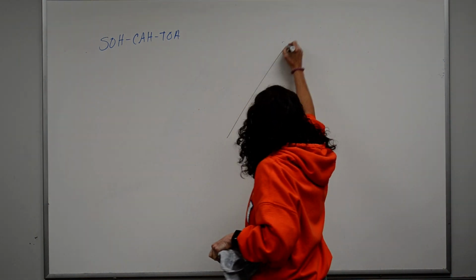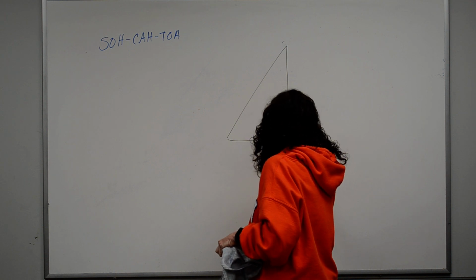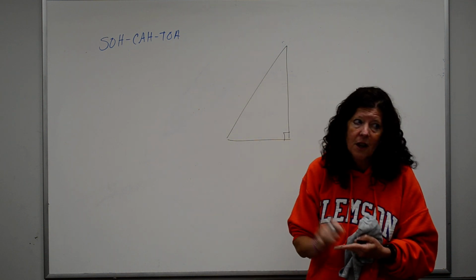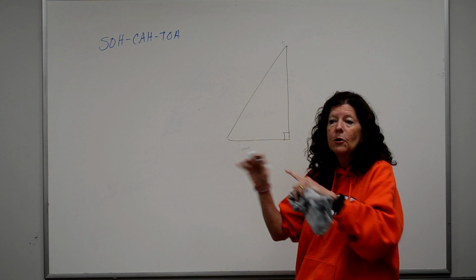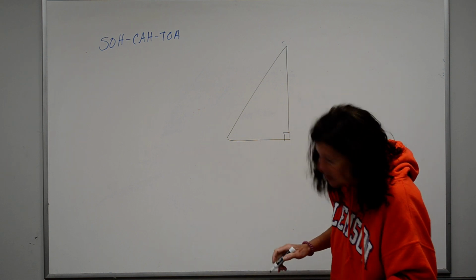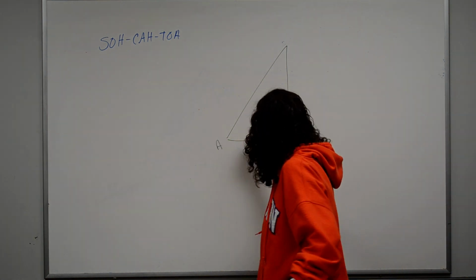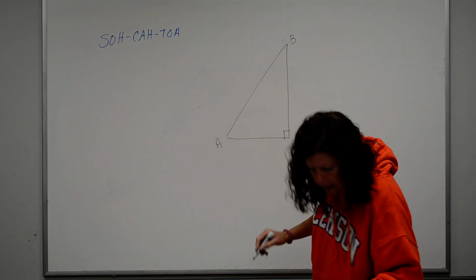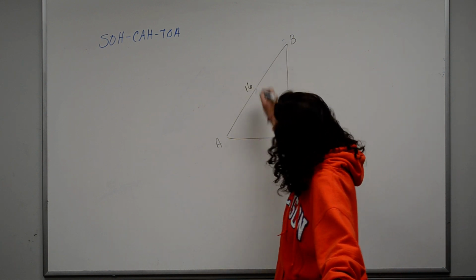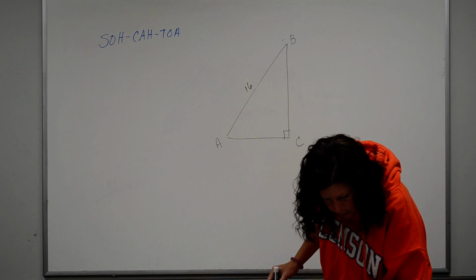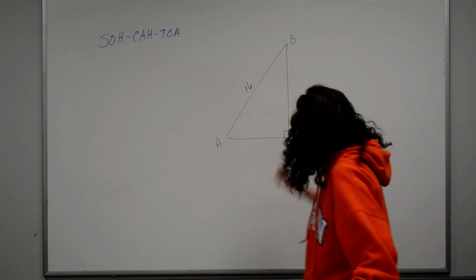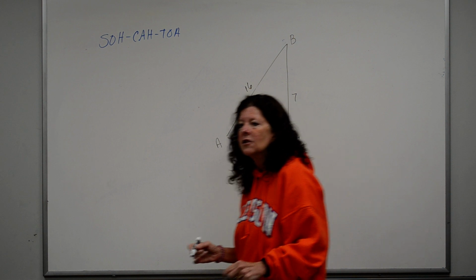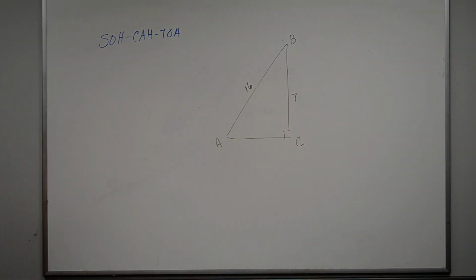Let's say, now again, these are still right triangles, so you're not using law of sines and law of cosines. That's not until the end of the chapter when you don't have right angles. So let's say I have this. And I know that little c is 16, and I know that little a is 7. Go ahead and solve the rest of that triangle using trig.